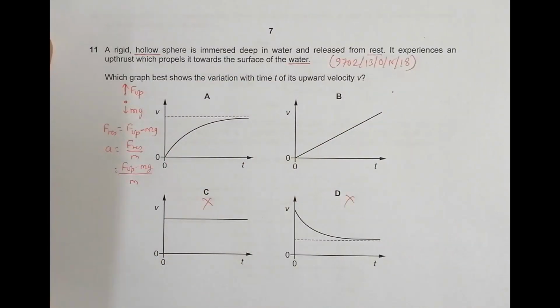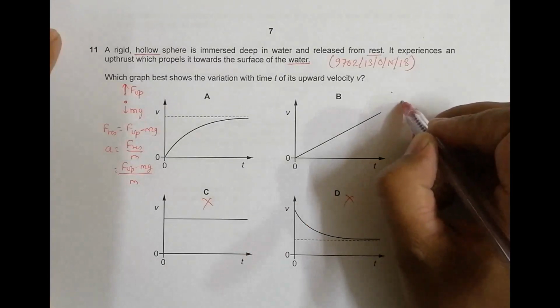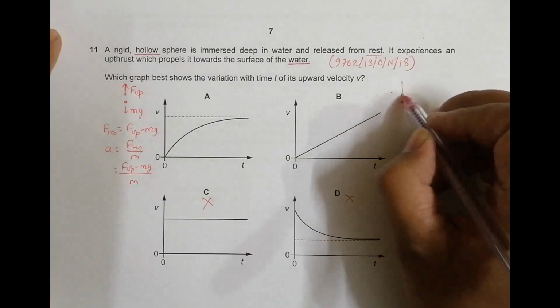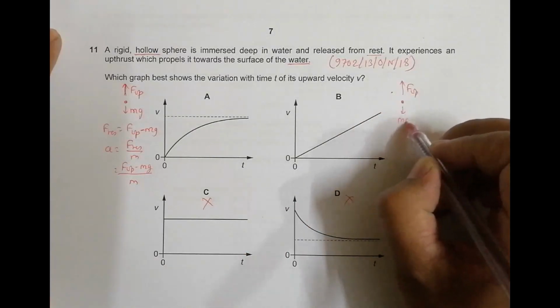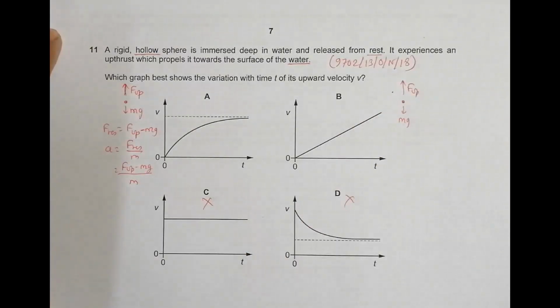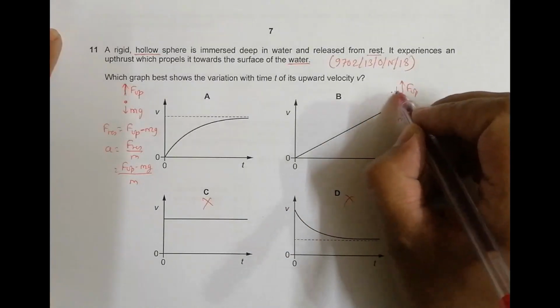After some time what happens is, as it goes on rising, the upthrust is still there, not much different. This mg is also still there. Now there comes an additional force as well. This is the drag force, or let us say the viscous force, and this force will be acting on the body downward.